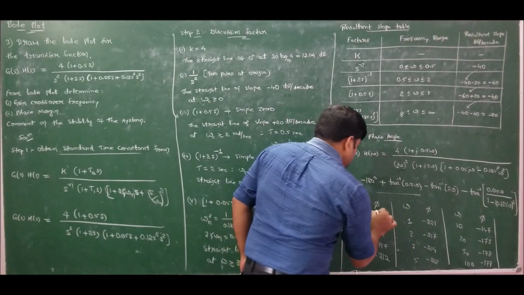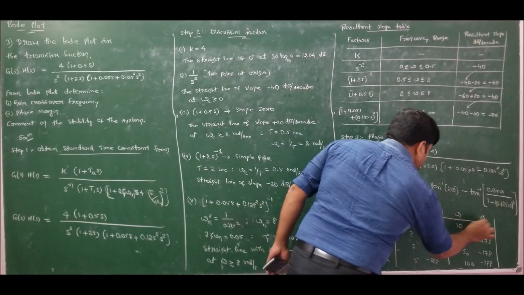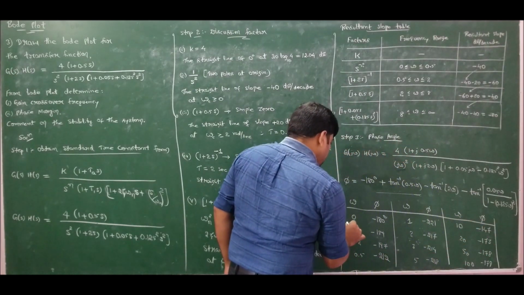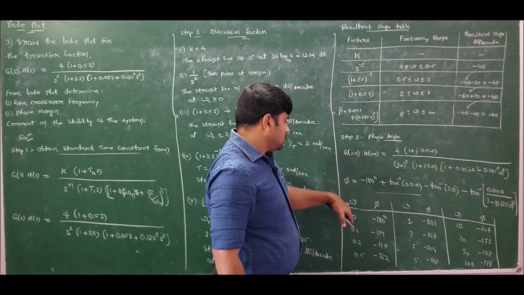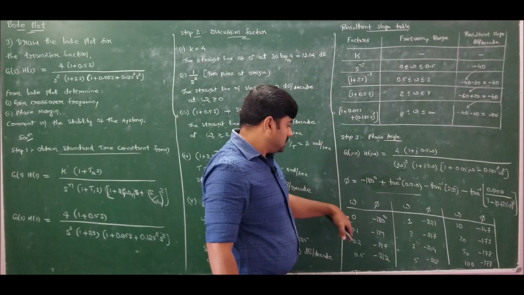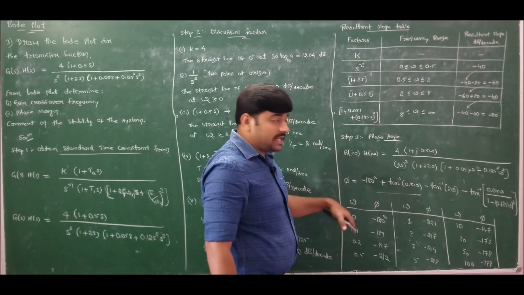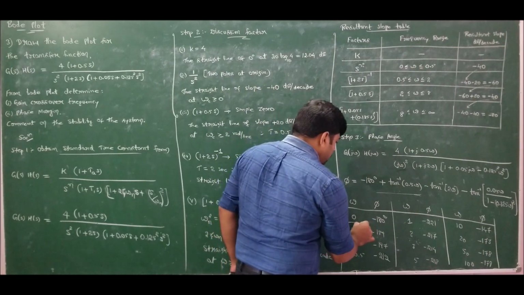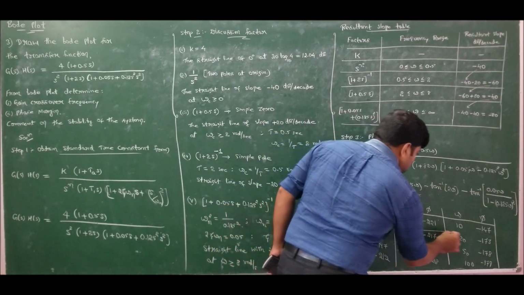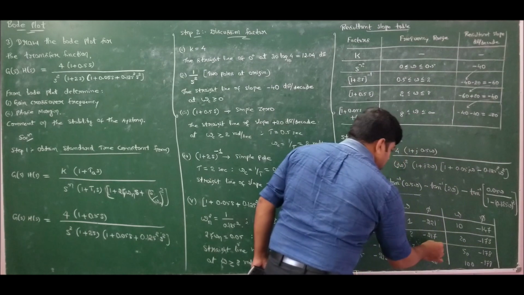Hence, the crossover frequency is occurring at the frequency of 0 degree, at which we get the phase crossover frequency. So the phase crossover frequency for this problem is 0, and the corresponding gain margin is what I should get from the Bode plot. If I am unable to get it from the Bode plot, I can go for the definition of gain margin. Definition of gain margin is nothing but what?